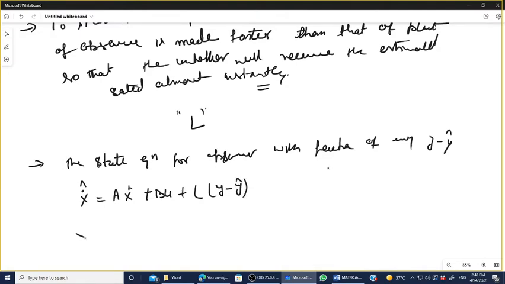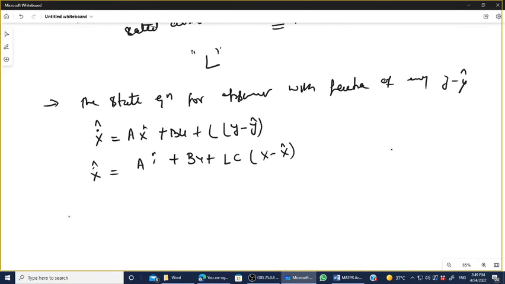And this x dot cap is nothing but A x cap plus Bu plus L times y minus y cap. Y is Cx, y cap equals C x cap. So you can write here LC into x minus x cap. Okay. So now see here.